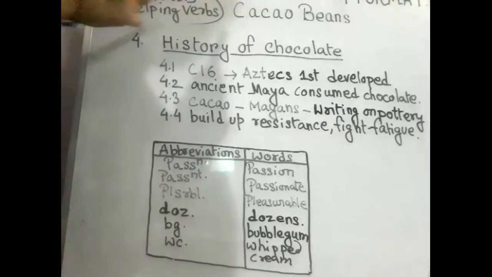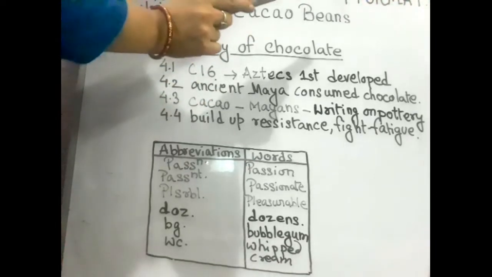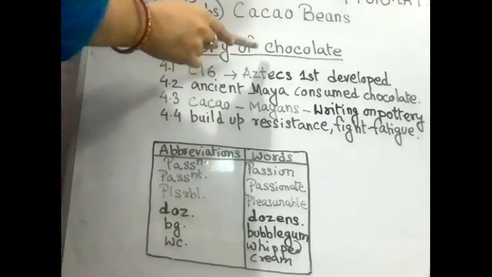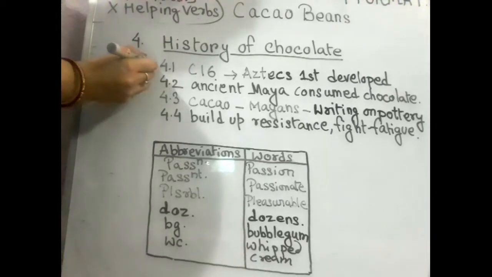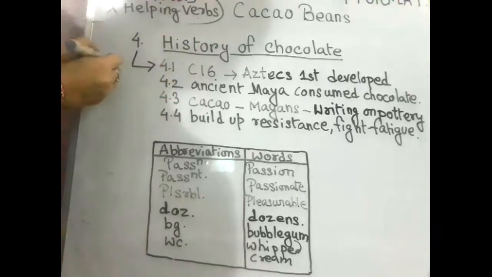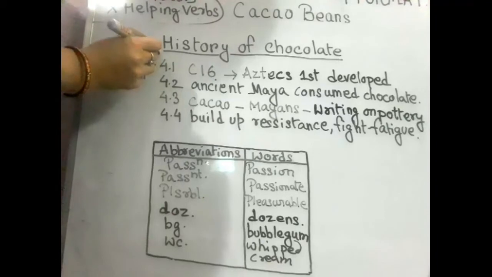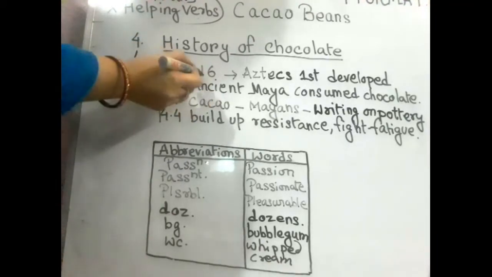Means after going through the last paragraph, I have given this as heading of that particular paragraph. So all these points are related or dependent on this heading. Understood? So 4, like this way, you have to give some space, and then this is called indent. So you have to maintain indent in the same sequence. Understood? So 4.1, like this way.